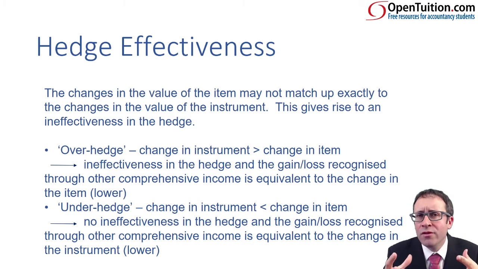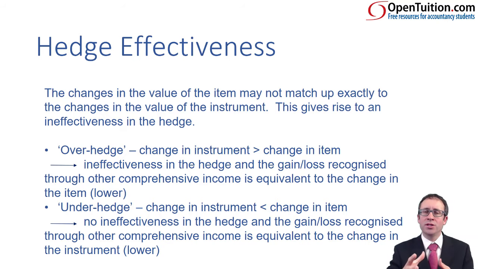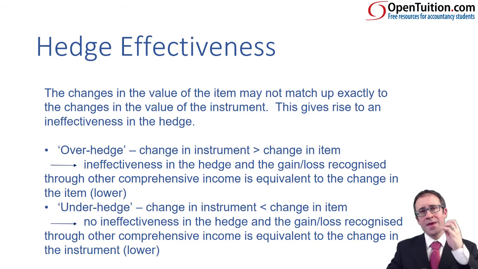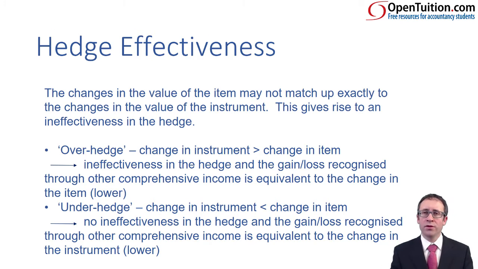So it's only really relevant in a cash flow hedge, because in a cash flow hedge, the effective element goes through OCI, the ineffective element goes through profit or loss. So here, in an over hedge, the effective amount is always the lower of the two, the lower of the gain or the loss on the instrument and the item.